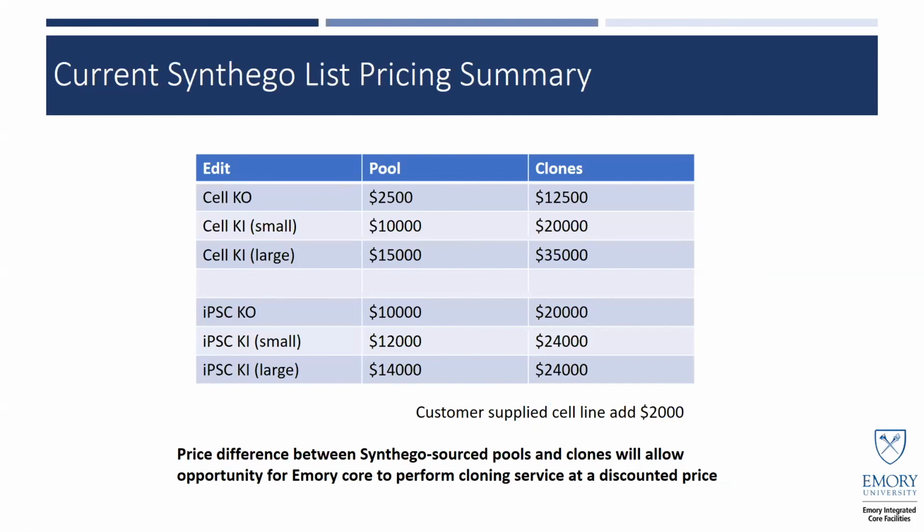Cloning can be anywhere from 10 to 20,000 more, and that's why I think we have the opportunity to provide the cloning service at a much cheaper cost. Also, because our iPSC platform is pretty efficient, they're able to provide pretty good pricing compared to other companies for their iPSC gene editing as well.